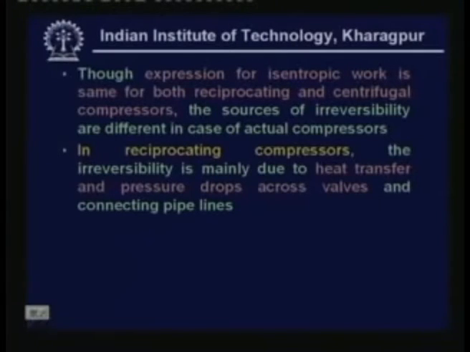In reciprocating compressors, the irreversibility is mainly due to heat transfer and pressure drops across valves and connecting pipelines. So what is the difference between an ideal isentropic compressor and an actual compressor? The difference lies in the irreversibilities. If you remember, in a reciprocating compressor, the irreversibilities are mainly due to heat transfer from the compressor to the surroundings and from the compressor to the refrigerant or from the refrigerant to the surroundings.